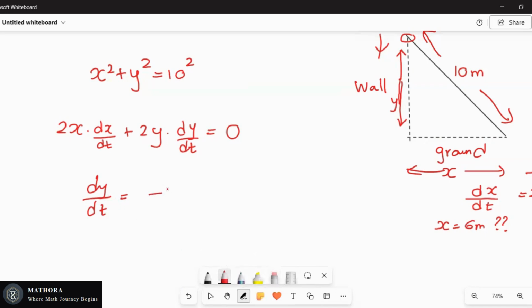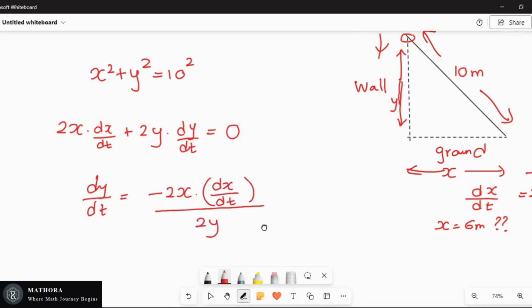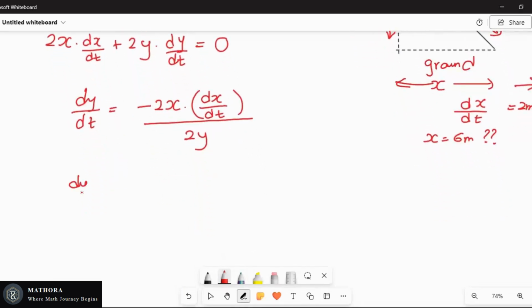So it's going to be negative 2x times dx over dt divided by 2y. So dy over dt equals negative x times dx over dt divided by y.